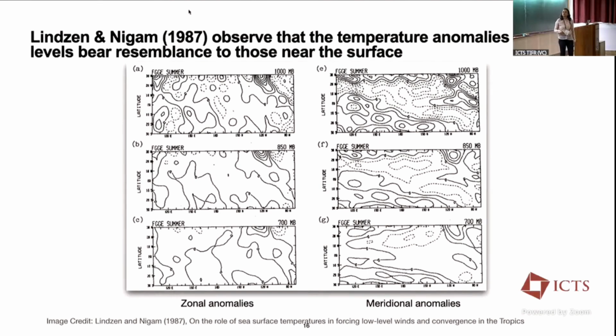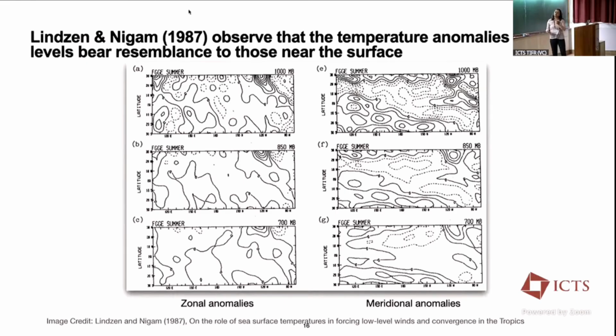I think the reasoning for this comes from looking at the zonal and meridional gradients in temperature as you go higher and higher up in the atmosphere: you see that they bear a resemblance to the sea surface temperature gradients.